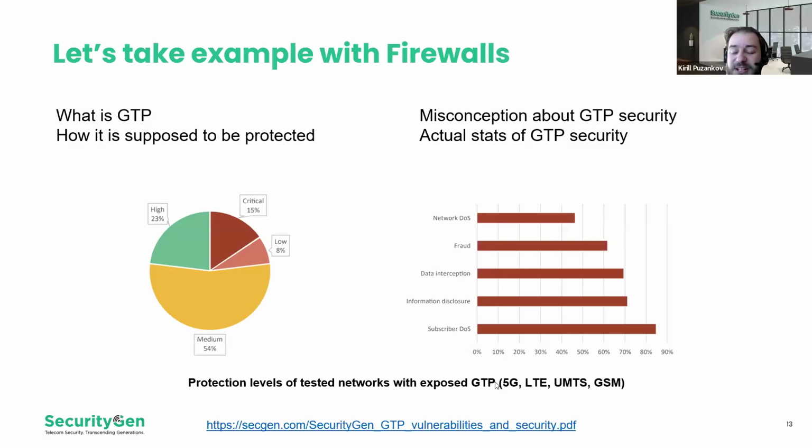But GTP traffic is not only about the data, GTP is also about the communication protocol, which is called GTP-C, right? And if we talk about GTP security, and if we look at the actual stats, what we can see is the majority of the networks are exposed to these GTP vulnerabilities, to quite a wide range and variety of threats, right?